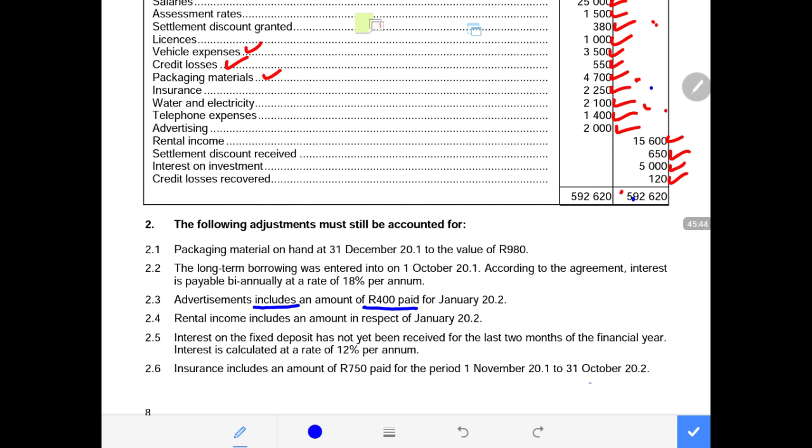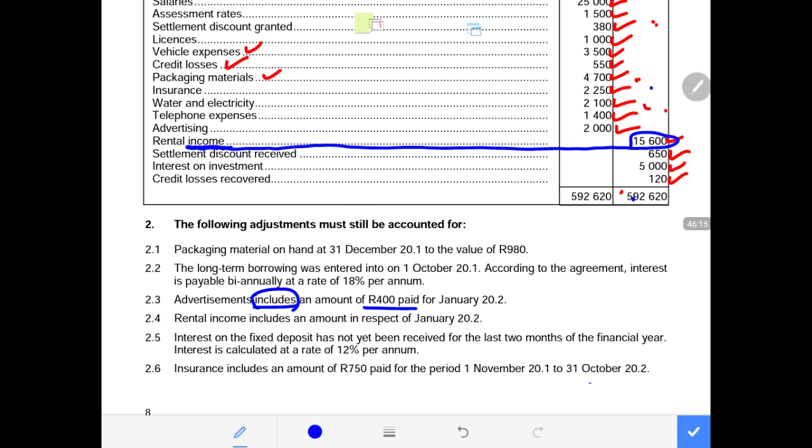Then now it says in 2.4 that rental income includes, and you see this word again, rental income includes. I want to go back to what I said previously. The incomes, we have rent income and interest on investment. The incomes that you see in the trial balance are the incomes already received.